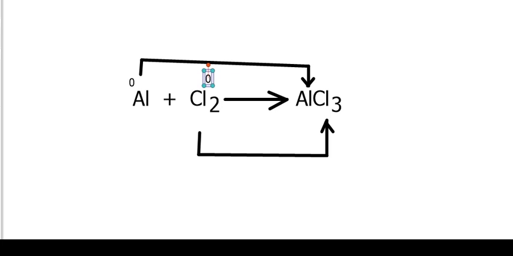When an element is in its uncombined state, the oxidation number is always 0. On the product side, aluminum being combined with 3 chloride ions has a charge of +3, while each of the chloride ions has a charge of -1.